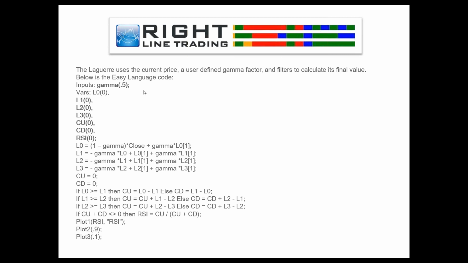So to skip a whole bunch of slides, the only oscillator that is not meant to track divergence is the Laguerre. It has a default gamma. It has multiple smoothing filters. We've modified the whole thing, and all we use it to do is track the direction of momentum. We want to look at price acceleration to the downside or to the upside.